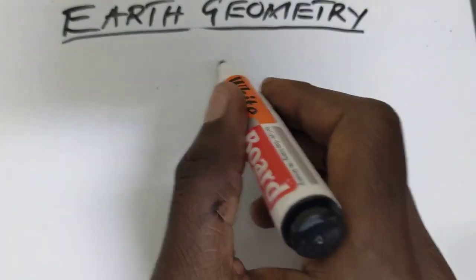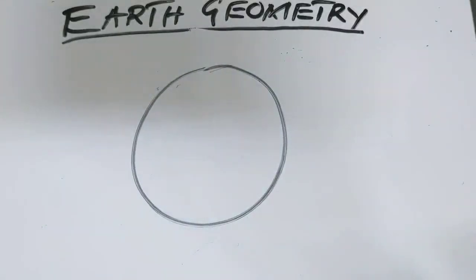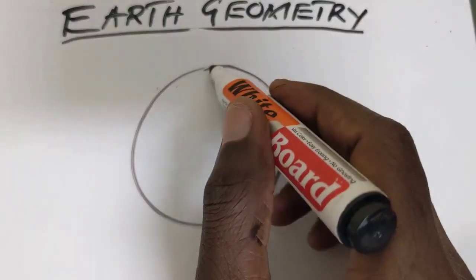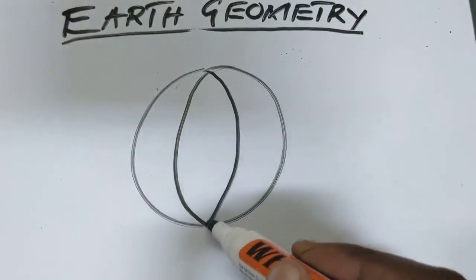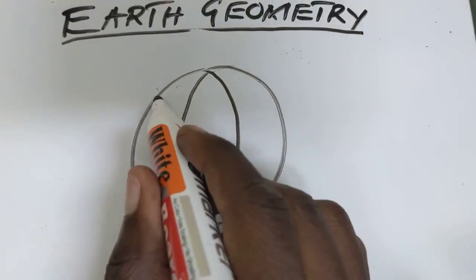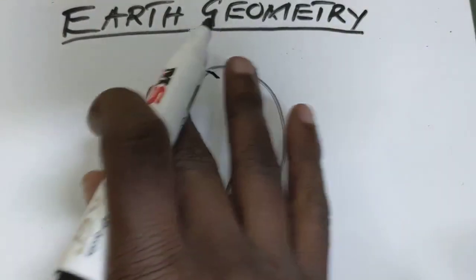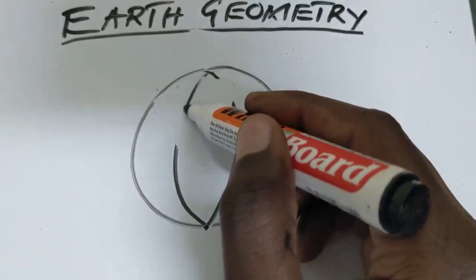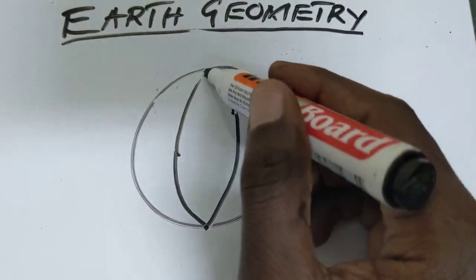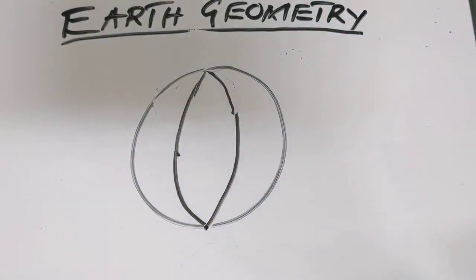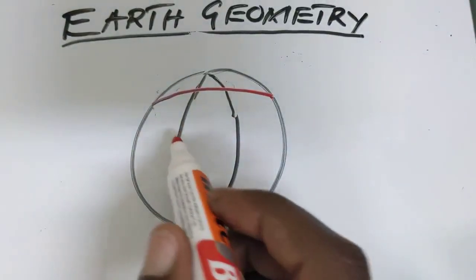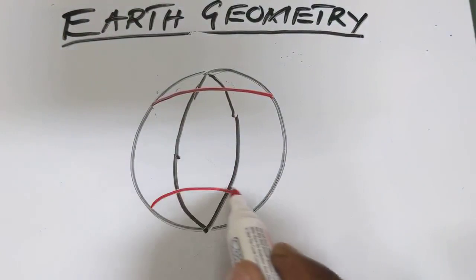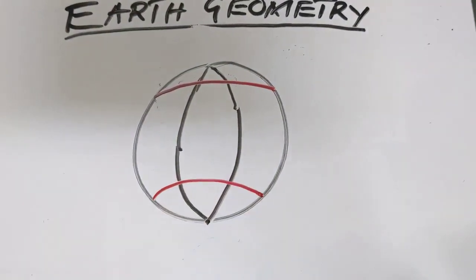Okay, it will be like that, then like that, like this, like that. Let's say they are just 4 like that.